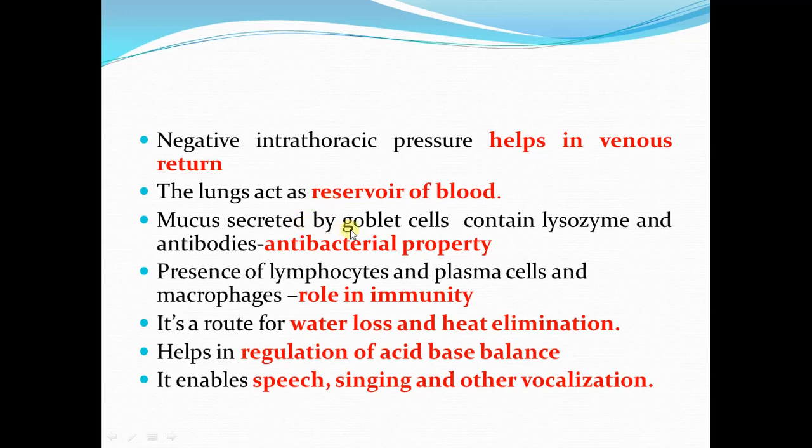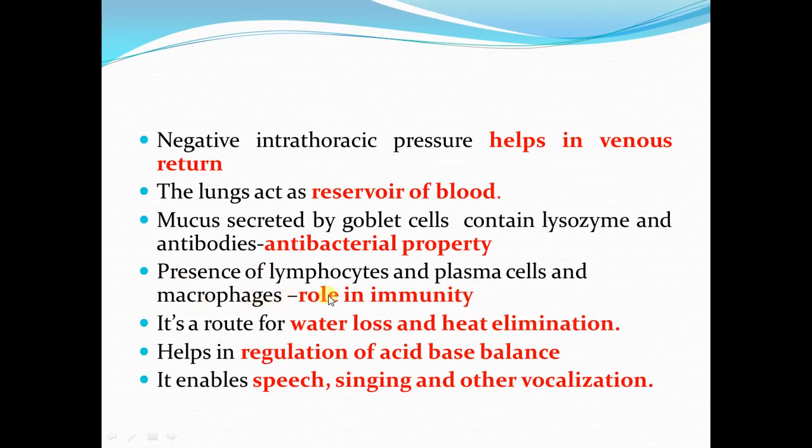Mucus secreted by the goblet cells contains lysozyme and antibodies. So lungs have antibacterial properties. In the tissues of the lungs are also present lymphocytes, plasma cells and macrophages.